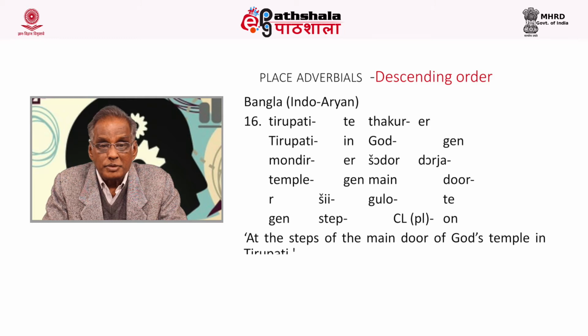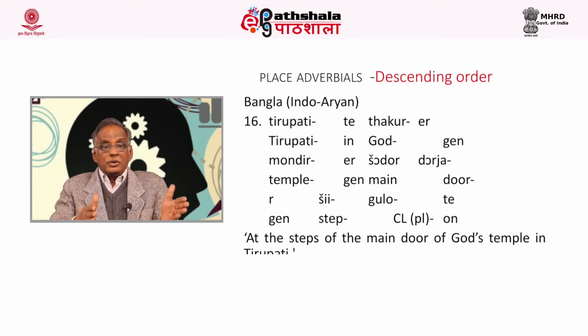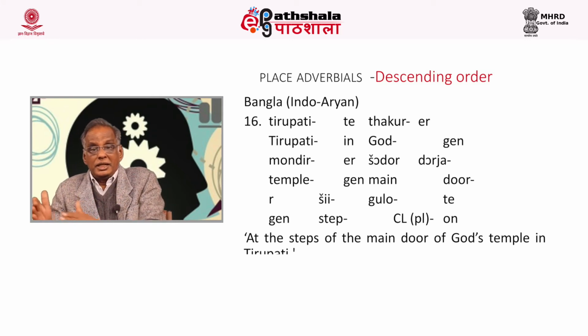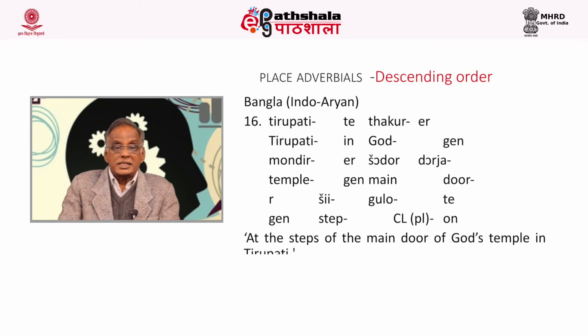Thakurer Mandir is a smaller place. Main door, Shodor Darja, is much smaller place. Shi, step, is a much smaller place. Gulo is a classifier. So you have a bigger chunk of place, then a smaller chunk, then much smaller chunk, and the smallest. That is the descending order.